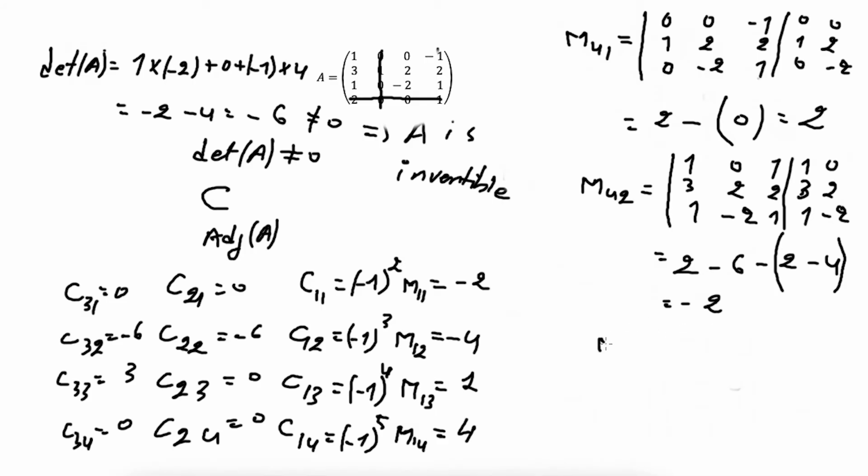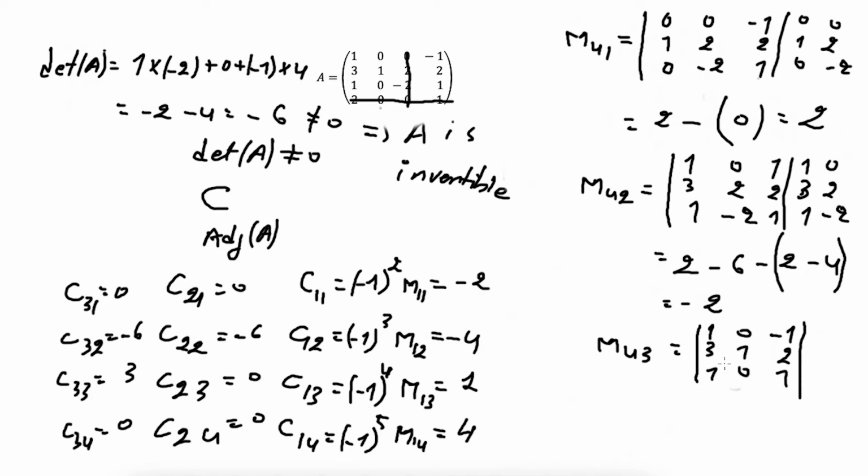And then M43 is equal to, the element here is 0, so the remaining will be 1, 3, 1, and 0, 1, 0, and minus 1, 2, 1, minus 1, 2, 1.